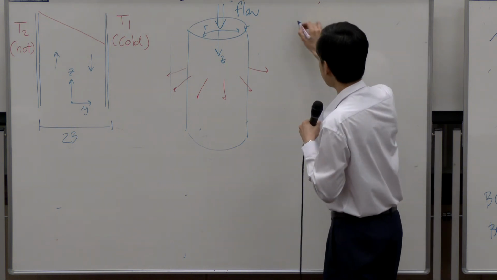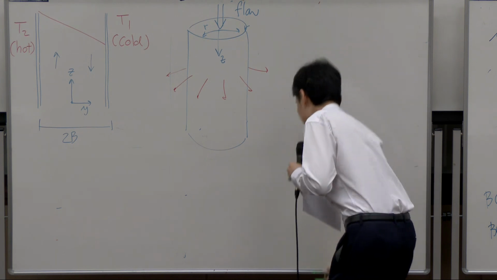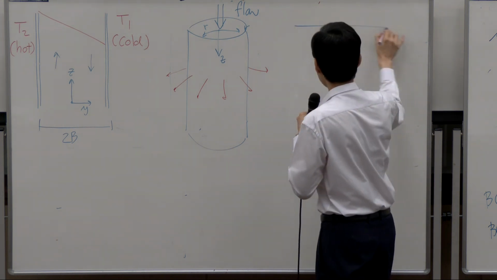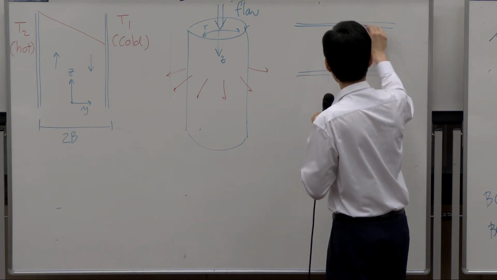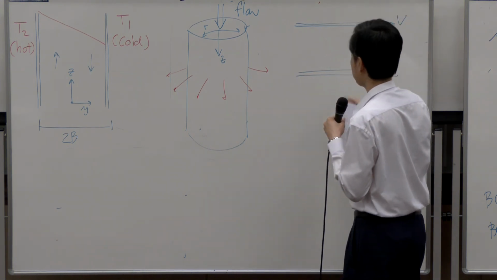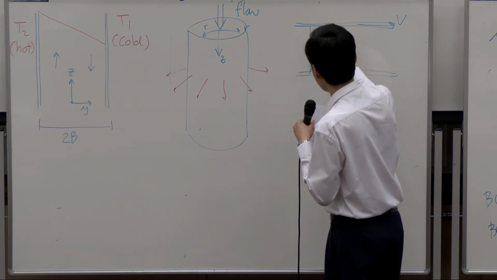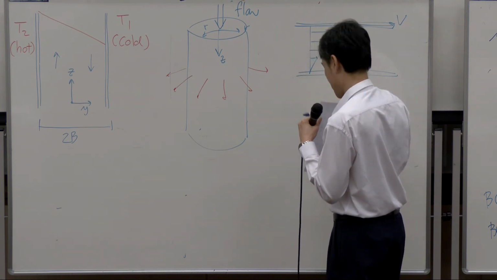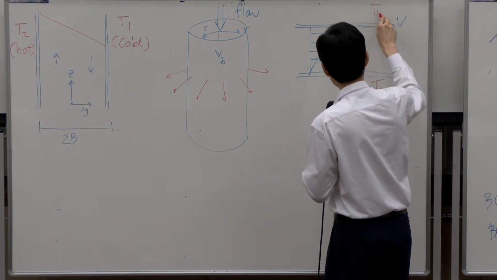It is different from the last example. In the example on Tuesday, we have movement v here, and there's a velocity profile. And this is T0, TB.